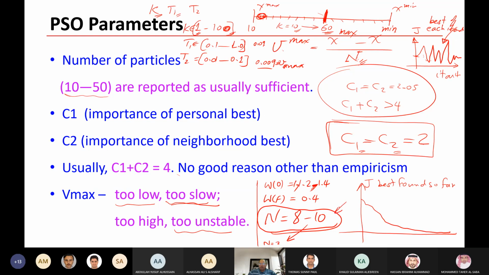This is a key parameter that you need to attempt with 8, 9, 10, and then you can see which one gives you better results in terms of the solution quality, the iteration number, or the computational time. You can look at it from different aspects.